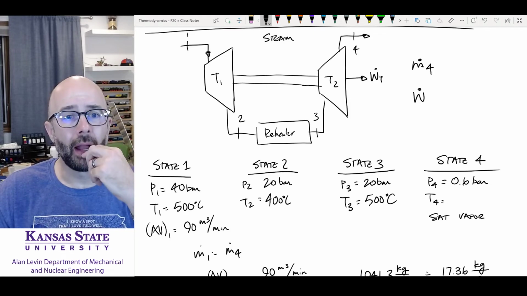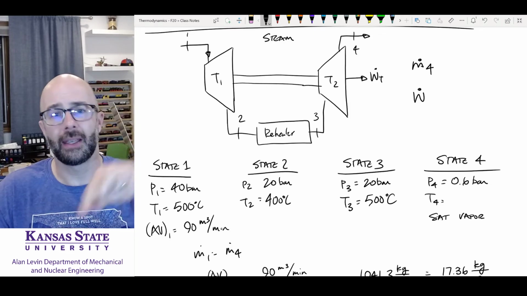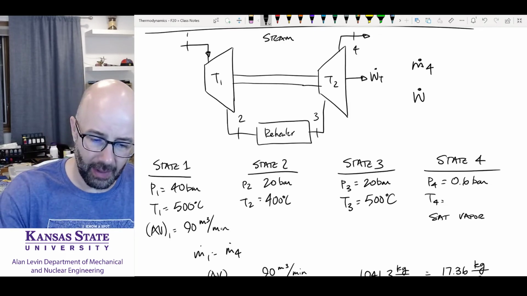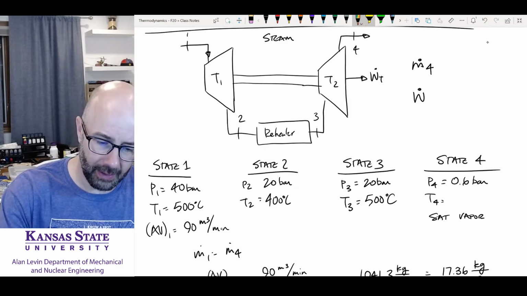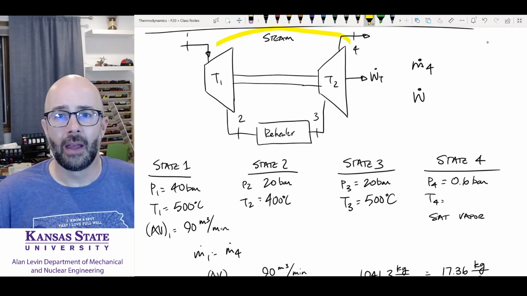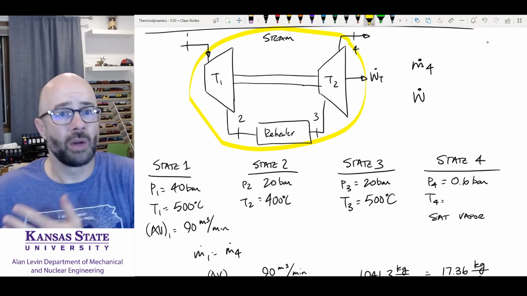Or I could make the whole thing a system. I could draw a line around this whole thing, because there's only one work coming out of there.